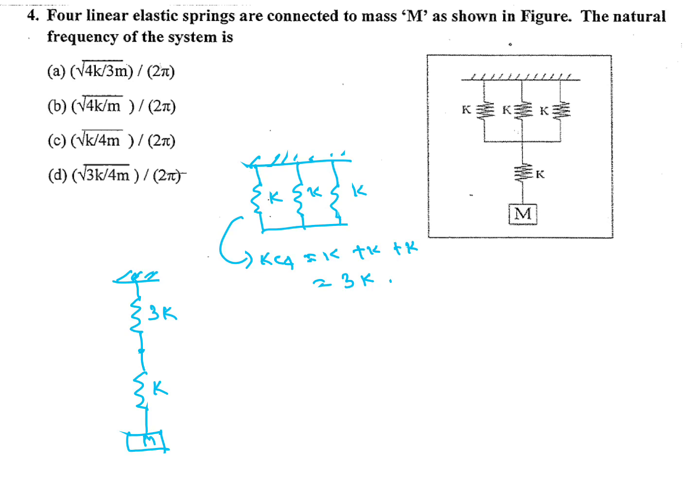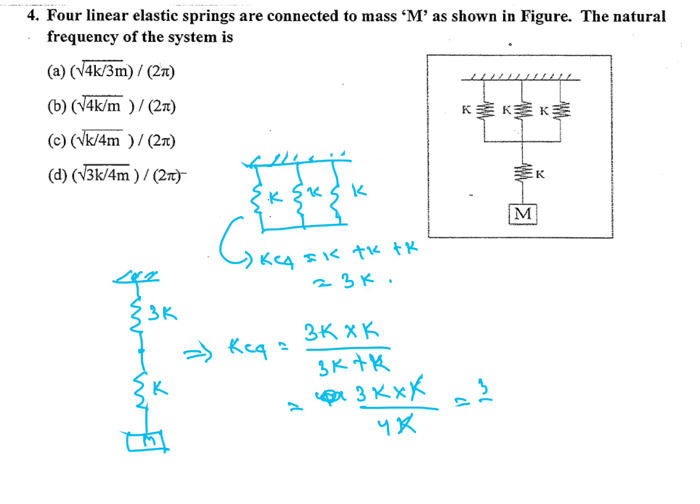We have to calculate K equivalent. This is series connection, so 3K into K by 3K plus K, we'll get 3K into K by 4K, K cancels, 3 by 4 K. We have to calculate the natural frequency of the system, Fn. It's Fn equal to omega n by 2 pi.